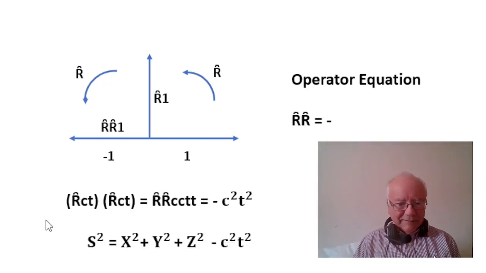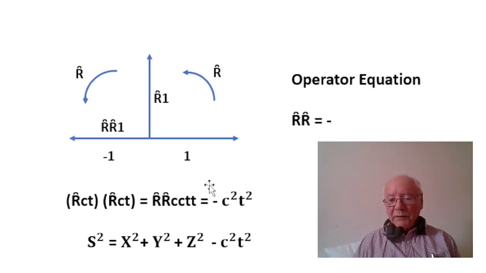Well, let's do it. So RCT, that's the rotation of the distance travelled in a time t by 90 degrees, and then we do it again by 90 degrees, and that gives us RRCCTT. That's the square of RCT.